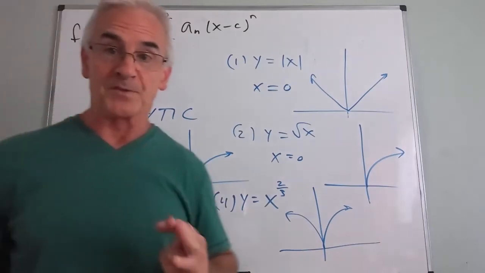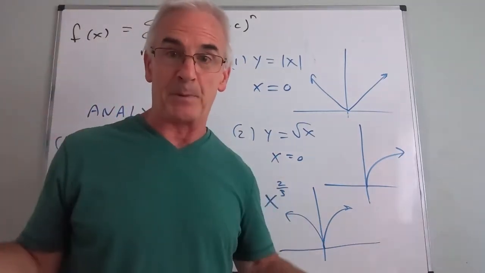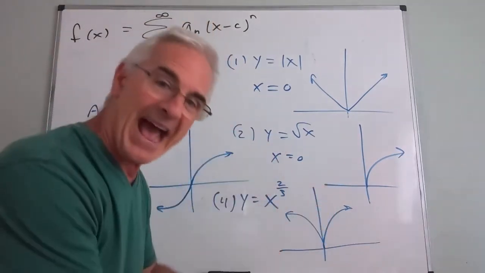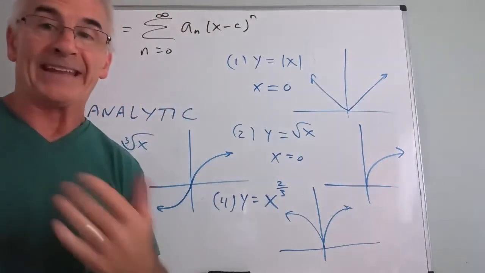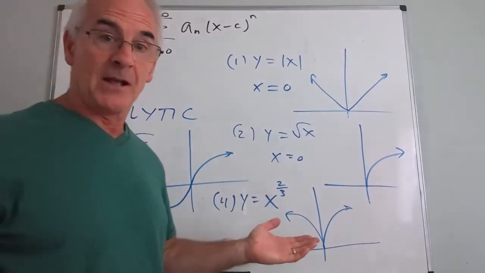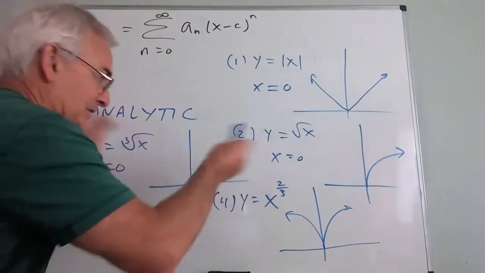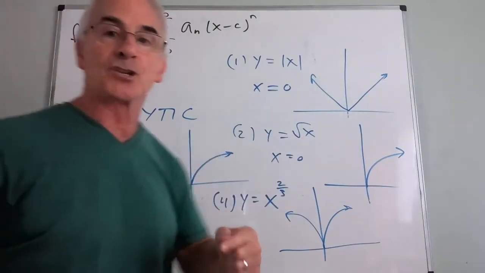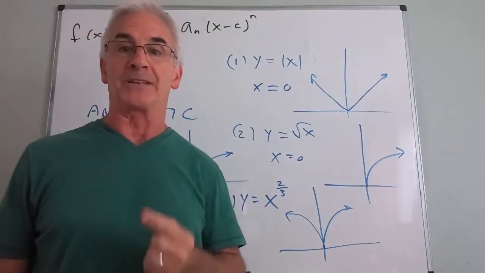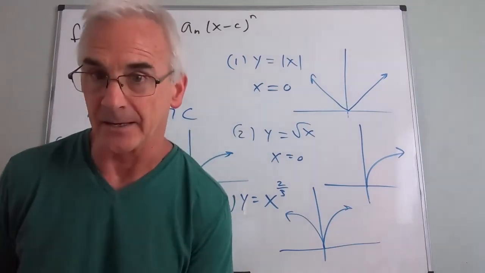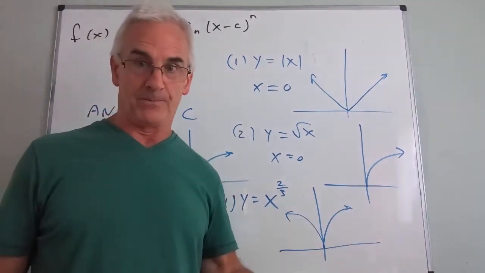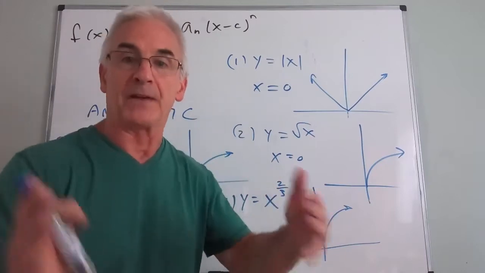These are the 4 types of places where everything's happy with a function, but I cannot take a derivative at those values. For each of these functions, the derivative is fine everywhere else. So we would say for each of these, the function is not analytic at x equals 0, because I cannot take a derivative at x equals 0.